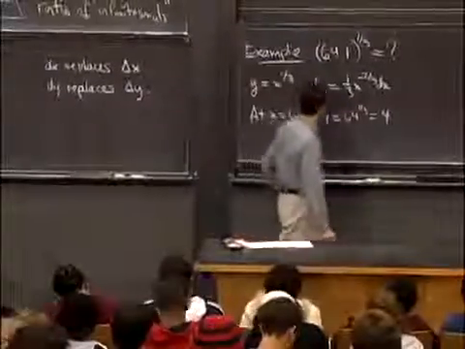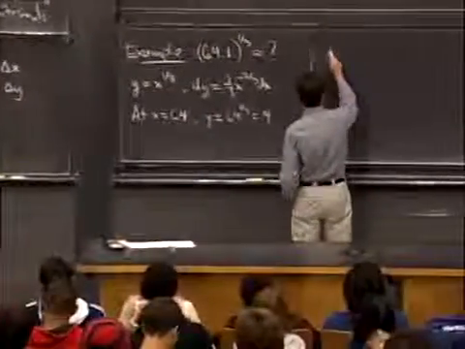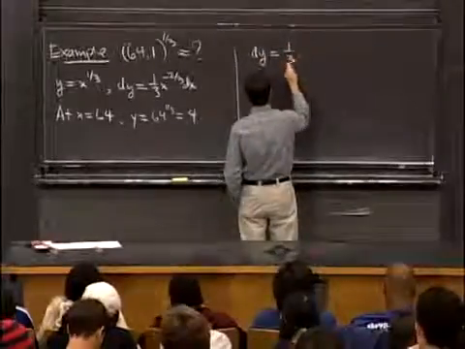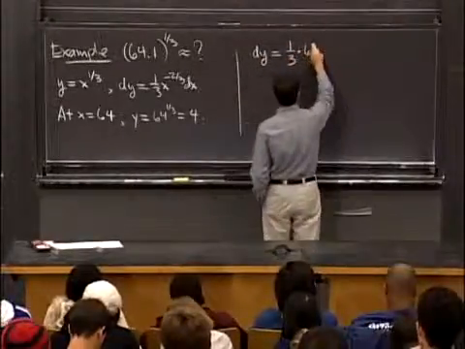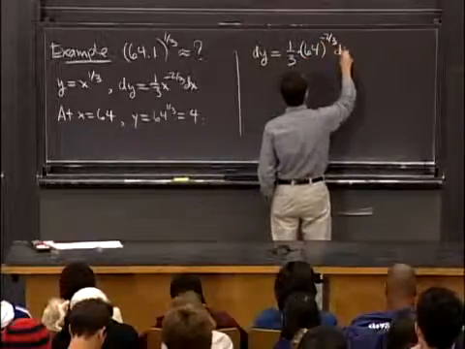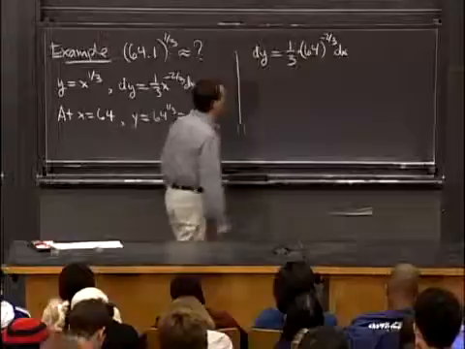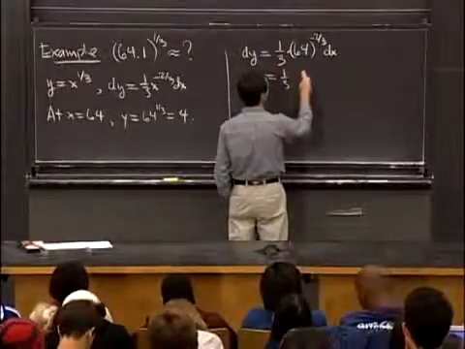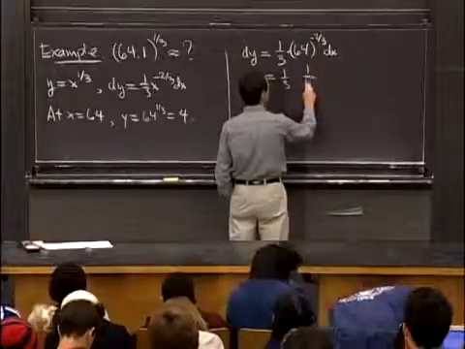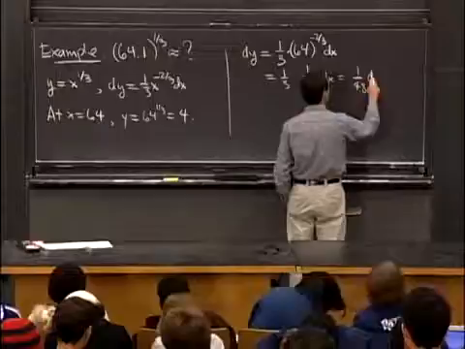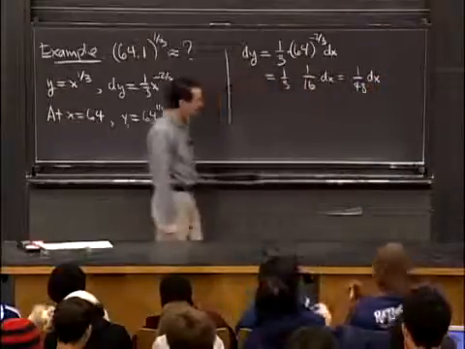Well, this is a little bit more complicated. So dy is 1/3 times 64 to the minus 2/3 dx. And that is 1/3 times 1/16 dx, which is 1/48 dx.